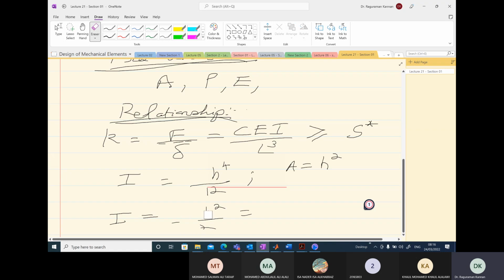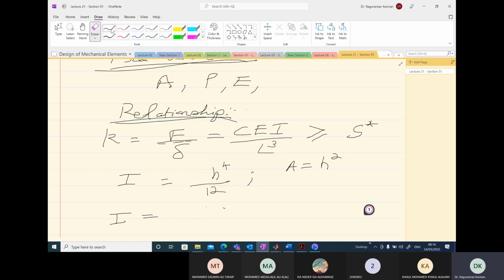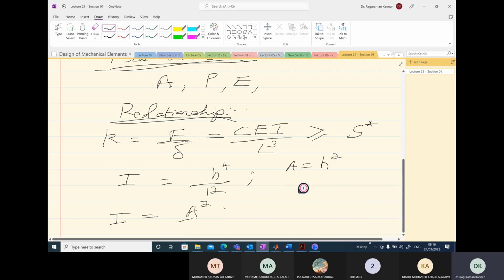So this is one possibility where we can replace now the moment of inertia with the term A square over 12. So now we can replace with A in the formula here rather than substitute anywhere else. So now let's see, the stiffness should be a minimum S star value.